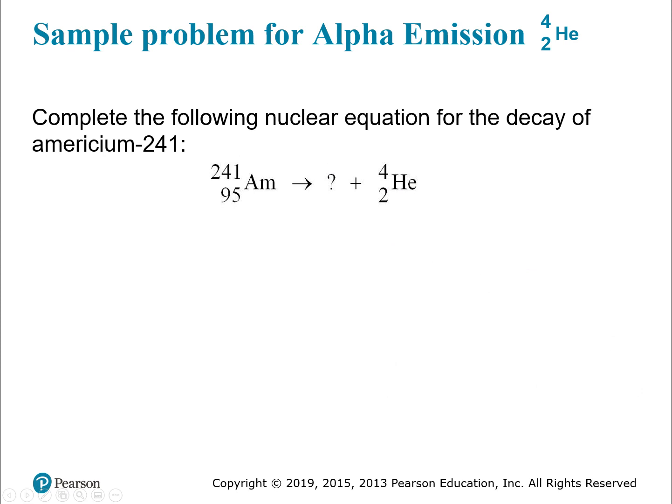Complete the following nuclear equation for the decay of americium-241. Here's our equation. We've got americium, mass number on the top, atomic number on the bottom. We know that the mass number has to equal 241 for both the reactants, which are on the left-hand side of the arrow, and the products.